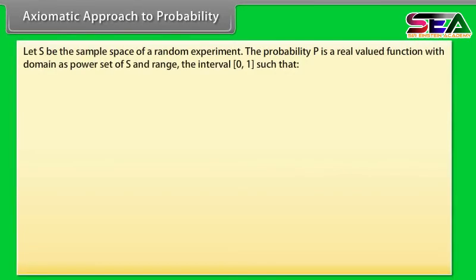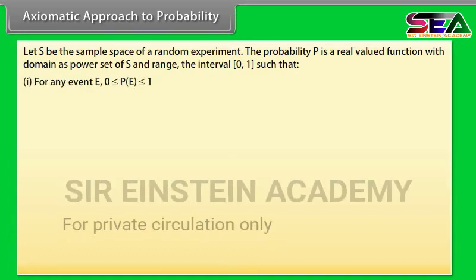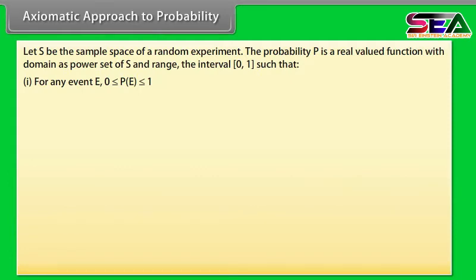Axiomatic approach to probability. Let S be the sample space of a random experiment. The probability P is a real valued function with domain as power set of S and range the interval [0, 1], such that 1. For any event E, 0 is less than or equal to P(E) is less than or equal to 1. 2. P(S) is equal to 1.